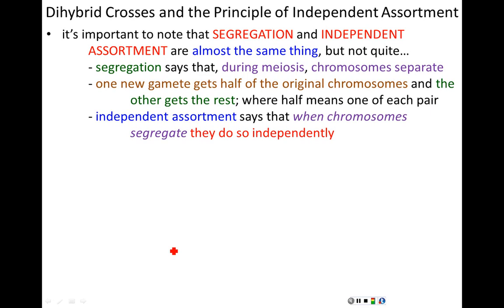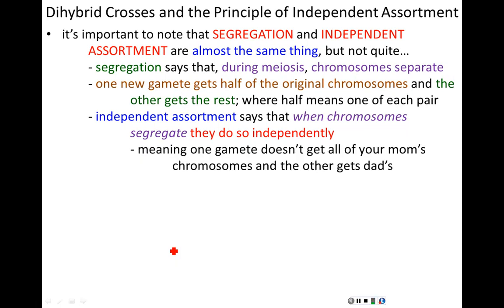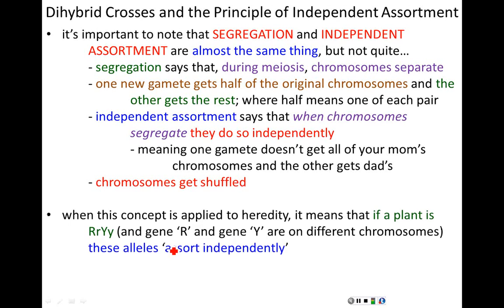In the previous example on the previous slide, what R allele a particular gamete gets impacts not in any way, shape, or form what Y allele that same gamete gets. So one gamete doesn't get all of your mom's chromosomes, all of your mom's alleles, and the other gamete gets all of your dad's. Chromosomes get shuffled.